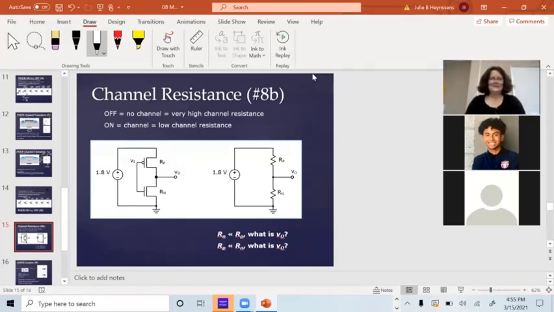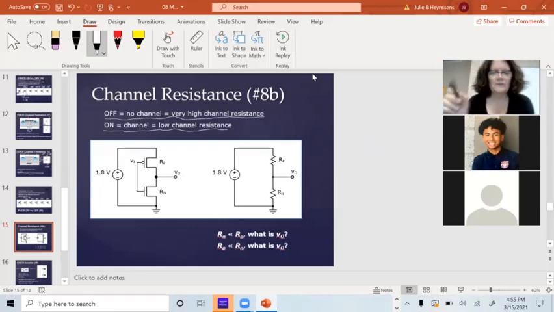Okay, we've got two conditions here. If it's off, there's no channel and I have a very high channel resistance. If it's on, there is a channel and I have a low channel resistance. Let's look at the resistive circuit on the right first.